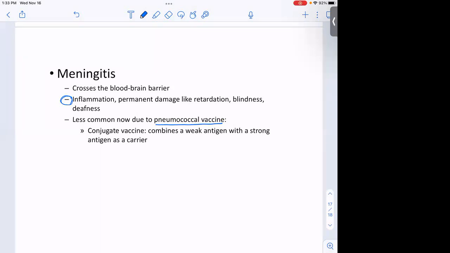So with this vaccine, we take the polysaccharides from the capsule, which again, those are the weak antigens. Usually polysaccharides, lots of repeating subunits, not as easily noticed, not complex enough to be noticed.